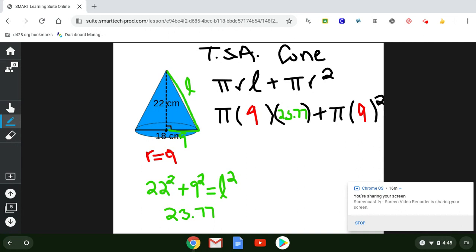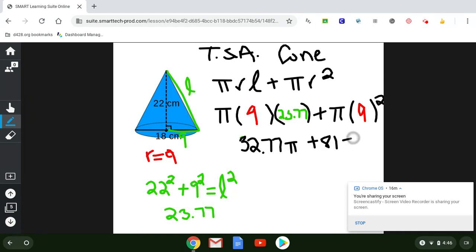Then I multiply the numbers together. We get 32.77 pi plus 81 pi.